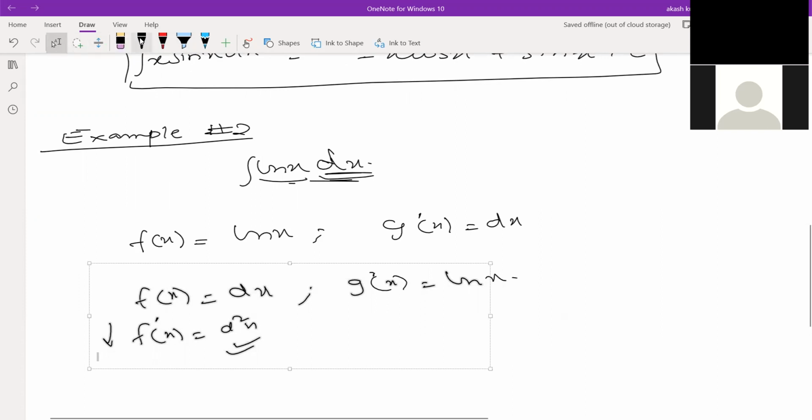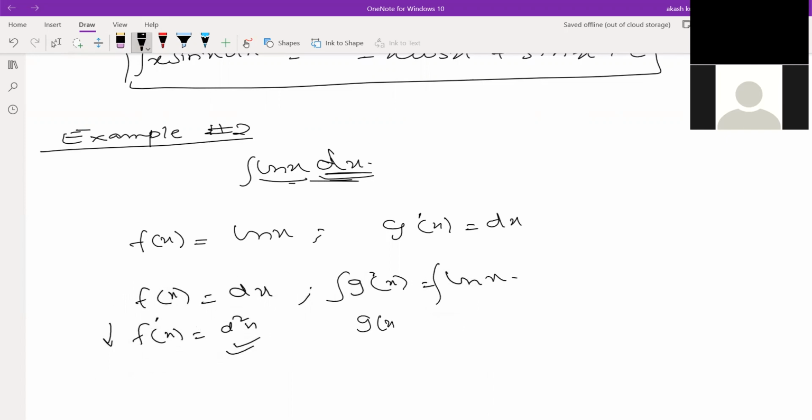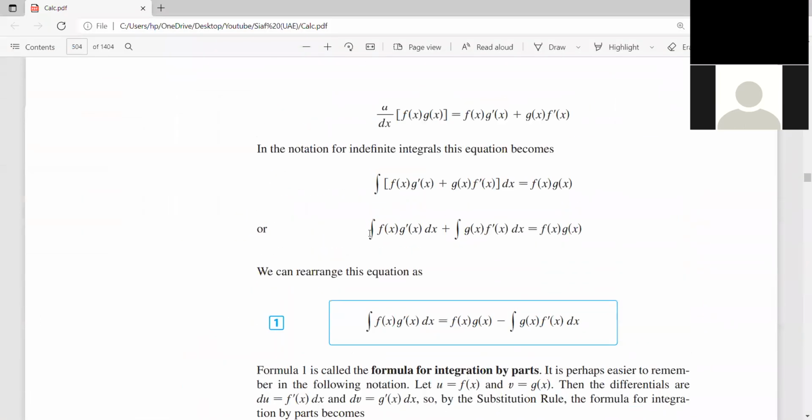Oh, okay. So here you have to integrate. G dash of x will become g of x, and we have to see what is the integral of ln x.